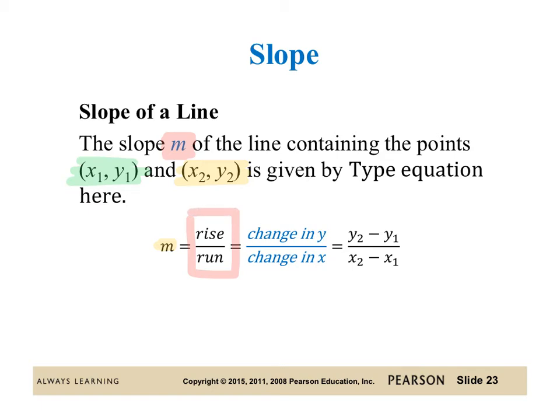The reason we use that language is because when you're finding the slope, what you're calculating is, in the numerator, how far does it go up or down, and in the denominator, how far does it go right or left. So I don't really know that rise is the best word, because rise seems to indicate that you're always going to go up. But it is the vertical change over the horizontal change, which I like better as language.